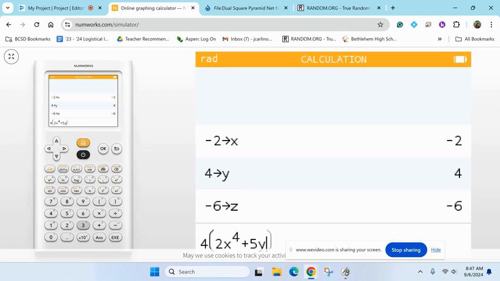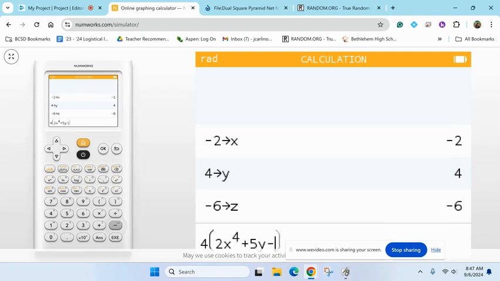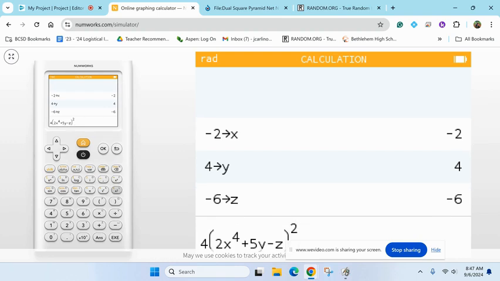Alpha y. Minus z all squared. Minus alpha z. Your NumWorks calculator is just going to do order of operations for you. It eliminates the possibility that you might make a mistake with signs and stuff.